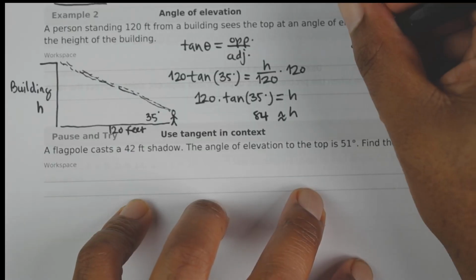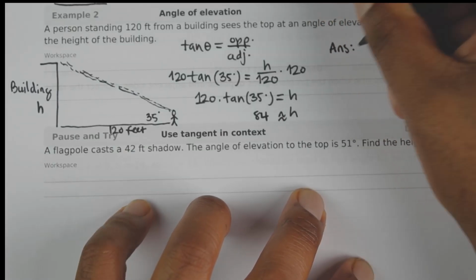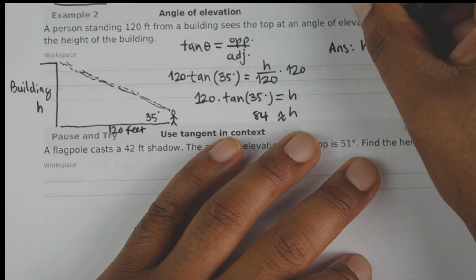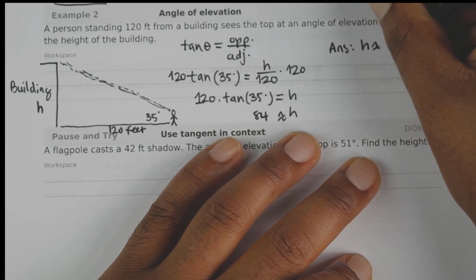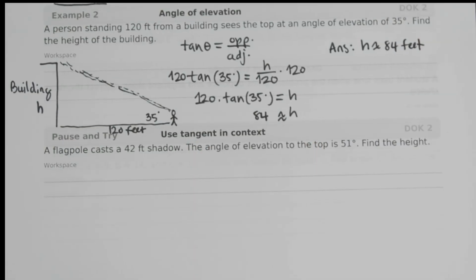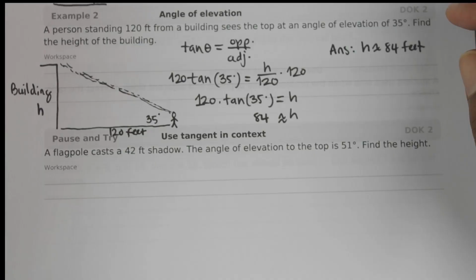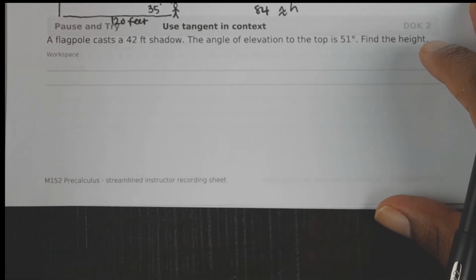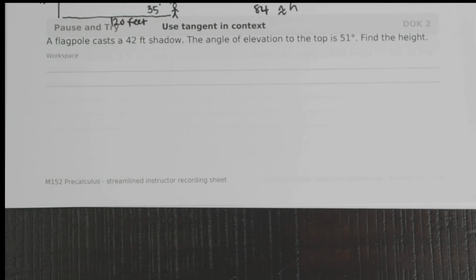So the answer is height is approximately 84 feet off the ground, or 84 feet tall, is another way to say it. All right. Pause and try the problem below.